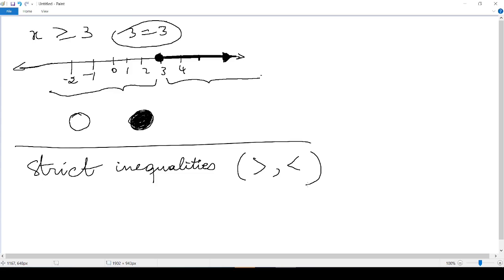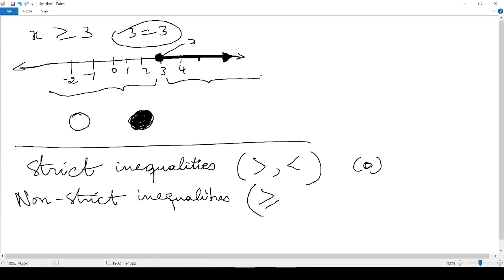For this kind of inequality, the border value, which in this case is 3, is indicated with an empty circle, as I said before, right? And for non-strict inequalities, which are greater or equal, less or equal, we represent the border point with a solid dot or circle because the border value is part of the solution.